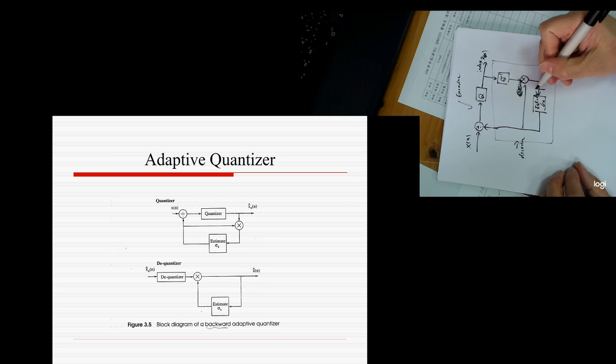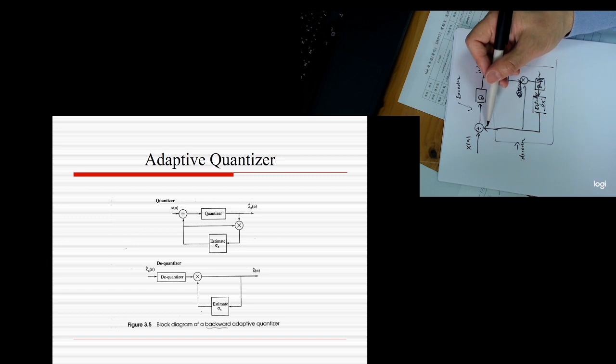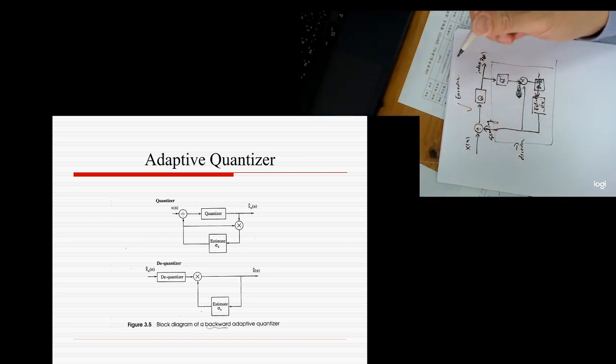Decoding information could be, you have a buffer here. We try to use the encoding information to estimate how to quantize, how to do the scaling of the next input data.